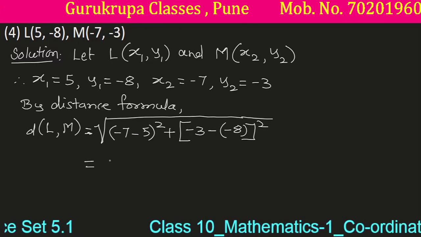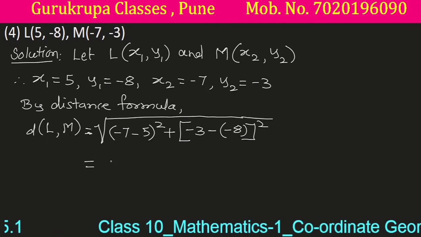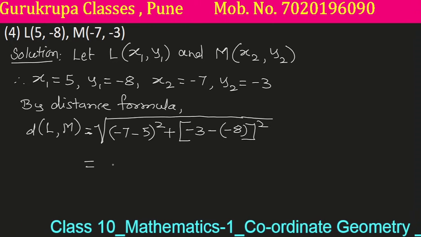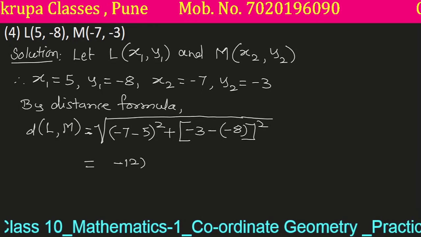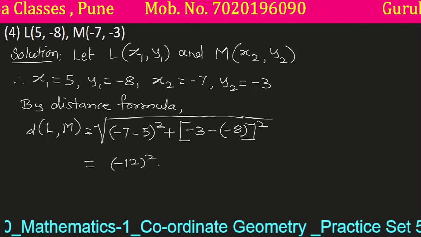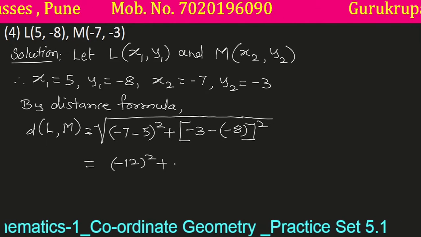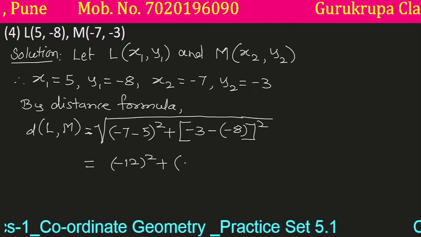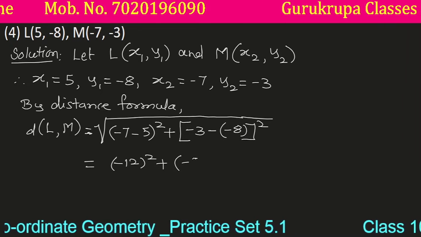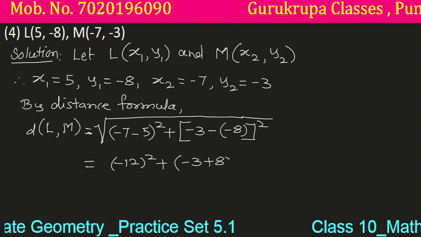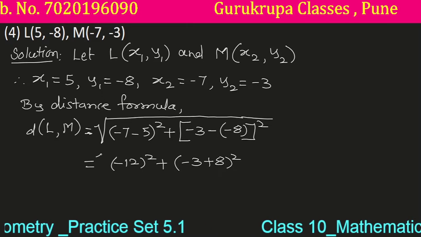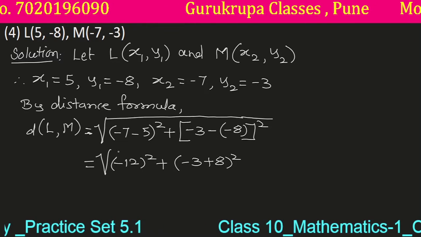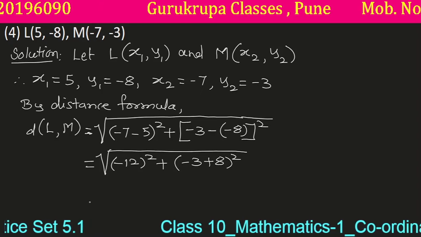Okay, so in the first bracket we get minus and minus, both are minus, so we can add them and take it as minus 12 square, plus in the second bracket we take minus 3 plus 8 whole square, and we have to take the square root of this sum.